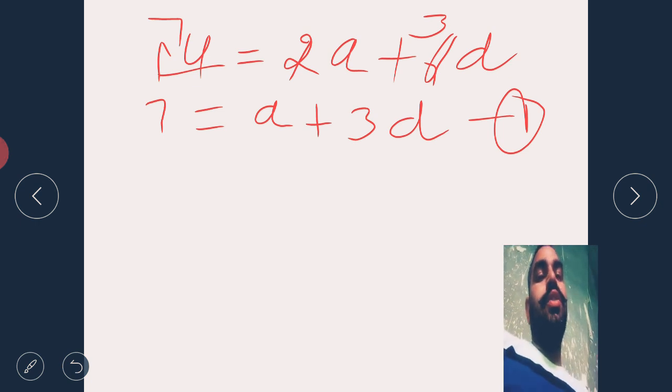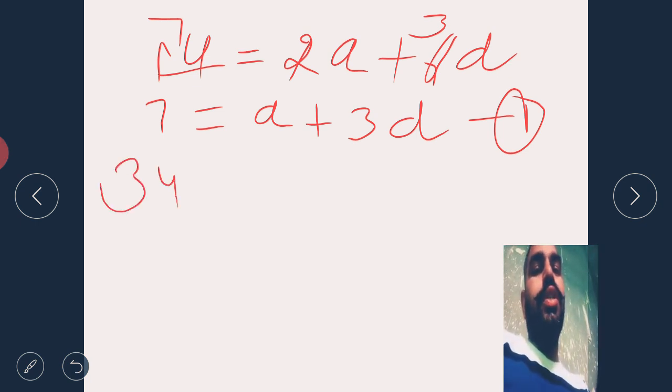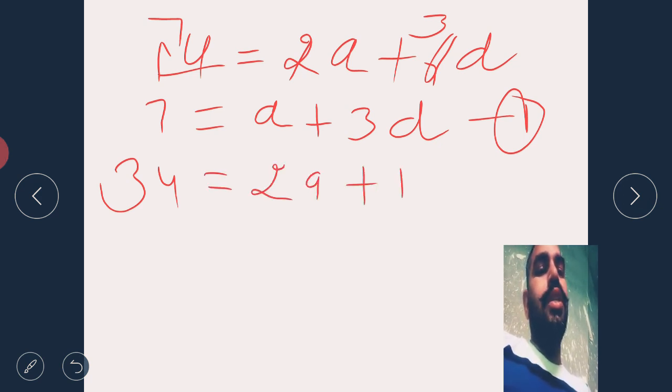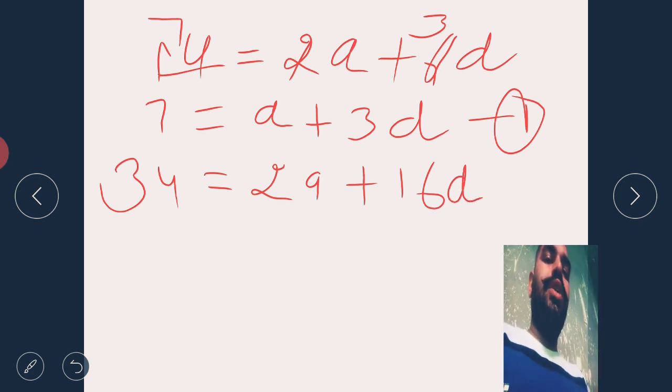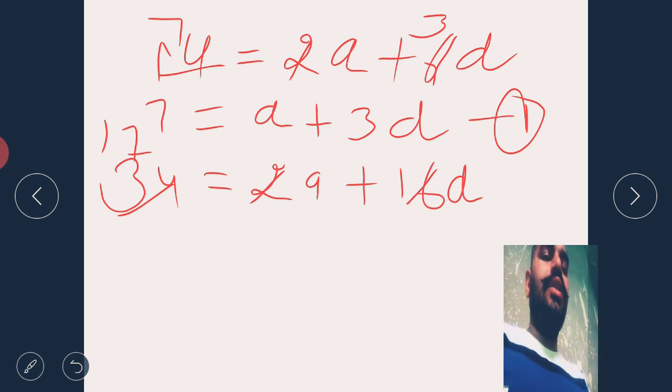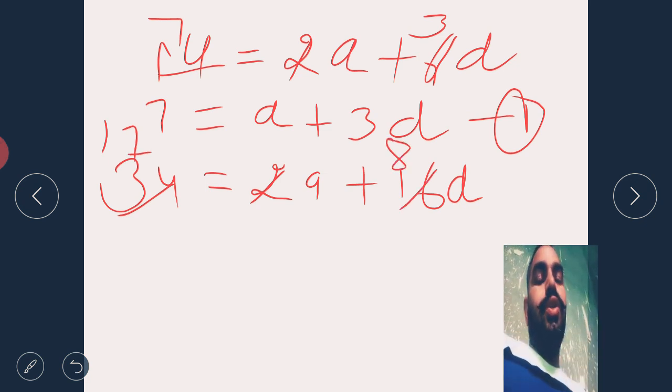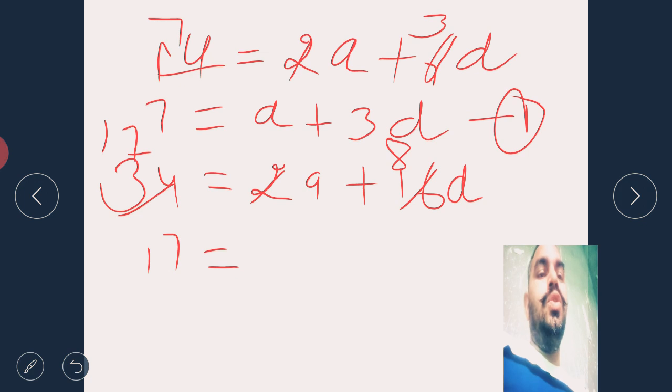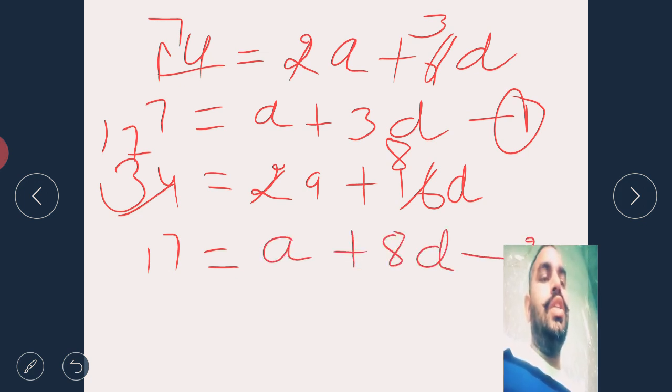And the second equation is 17 into 2 is 34 is equal to 2a plus 16d, and this 2 also cancels out here, then 17, and then 8. Got it or not? So 17 is equal to a plus 8d. This is equation number 2.